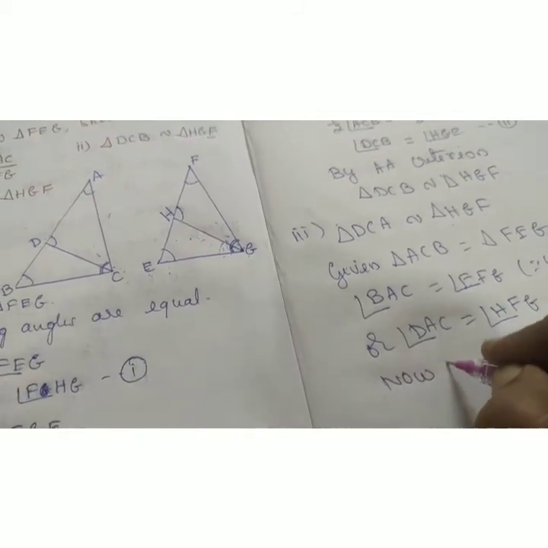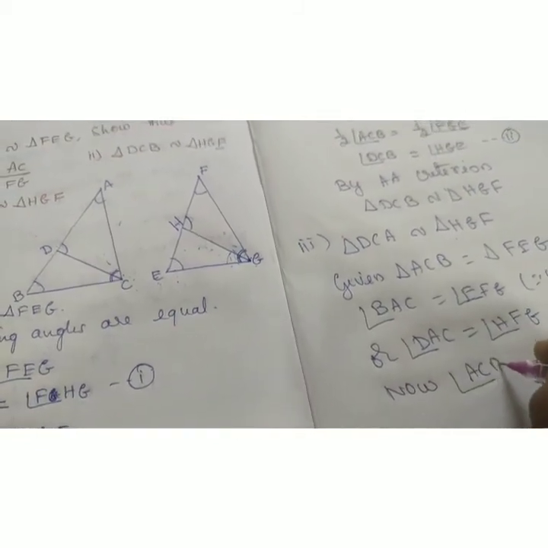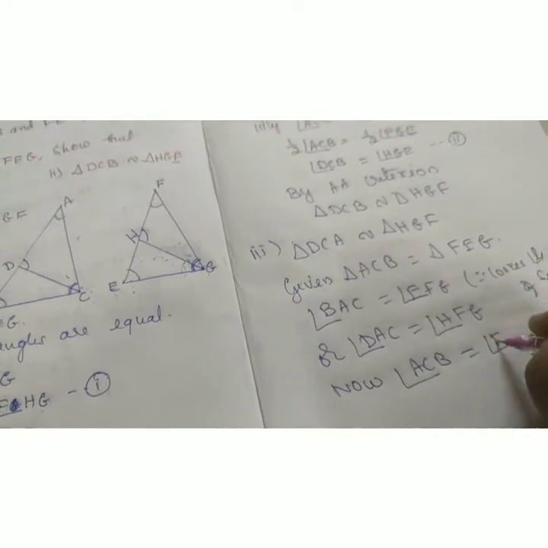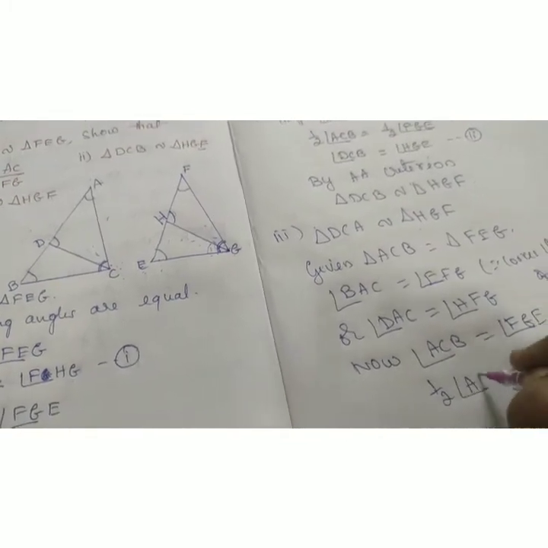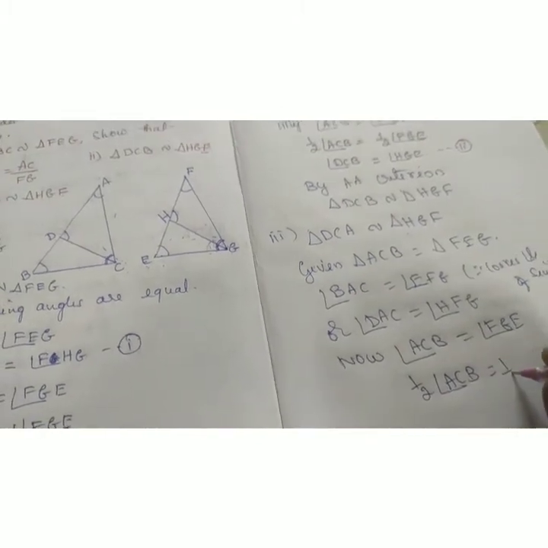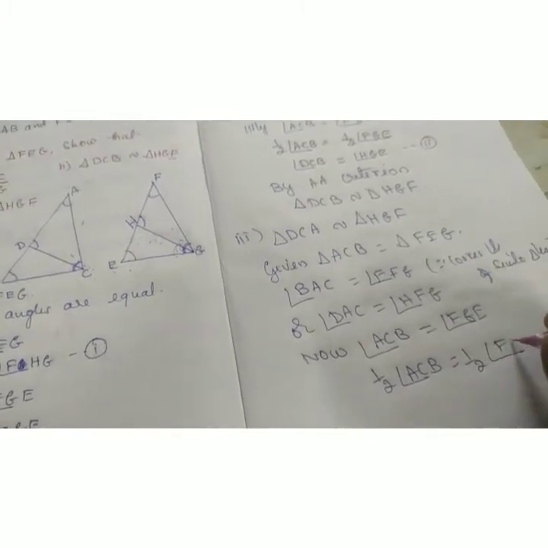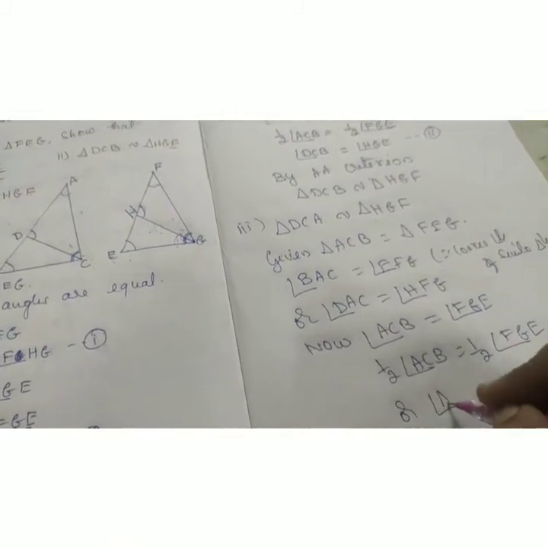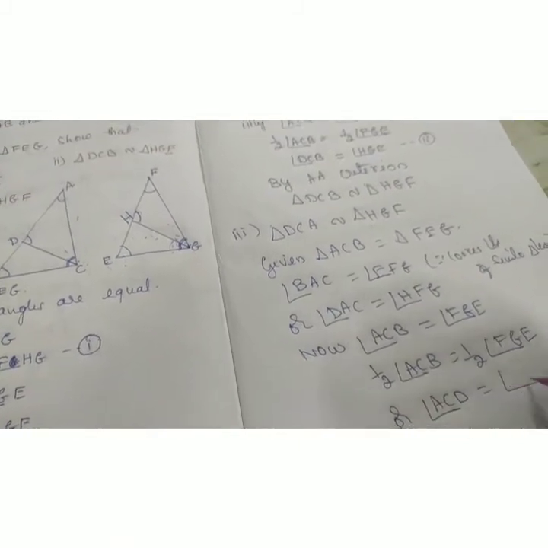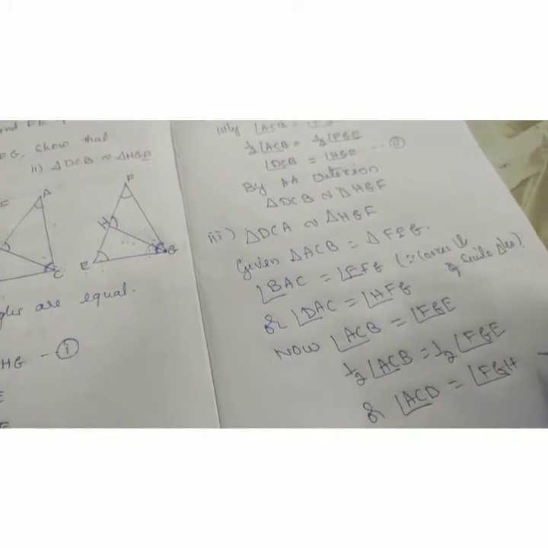Now angle ACB is equal to angle FGE. So half of angle ACB is equal to half of angle FGE, which is nothing but angle ACD equal to angle FGH.